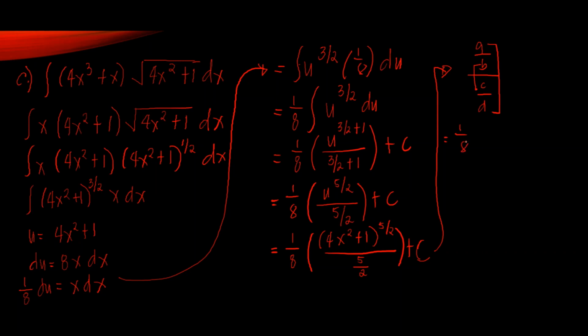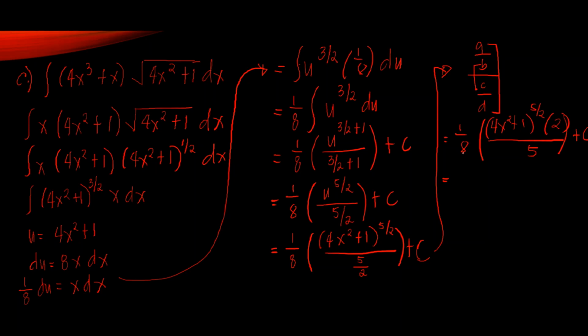This is equal to 1 over 8 times 4x squared plus 1 raised to 5 over 2 times the denominator is 2, diba? So, times 2 over 5. And then, meron tayong plus c. So, this will be equal to 1 over 8 times pwede tayong mag-cancel dito sa part na to.